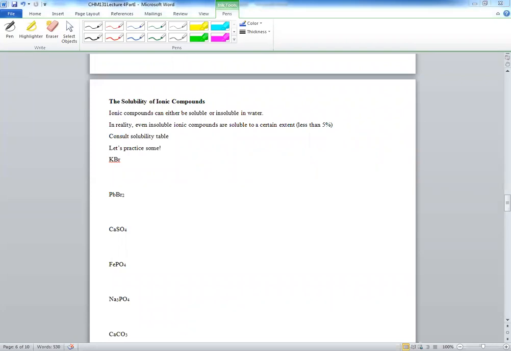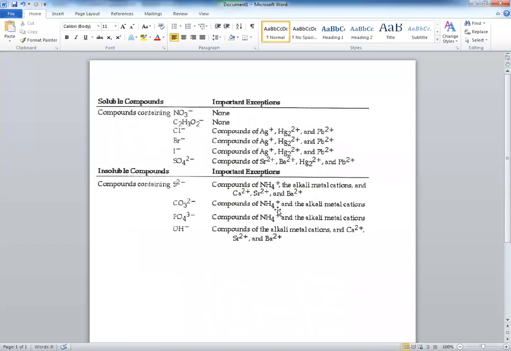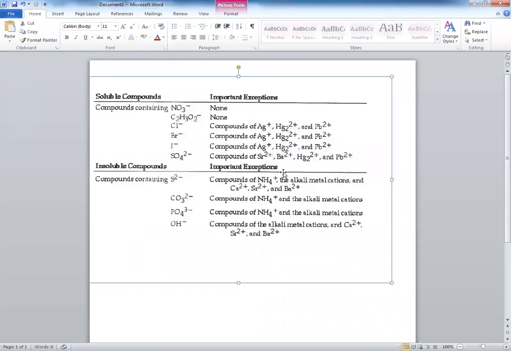Memorize parts of it. So let's go to the solubility table right here. You might have used this before. If not, it's very, very easy to use. You have two tables within this solubility table. You have soluble compounds, and you have what we call insoluble compounds. Basically, what does that say? It says here that any compound that contains these anions, negatively charged ions, are soluble except if they're combined with some of these elements.